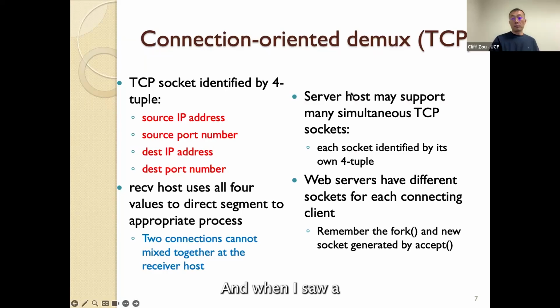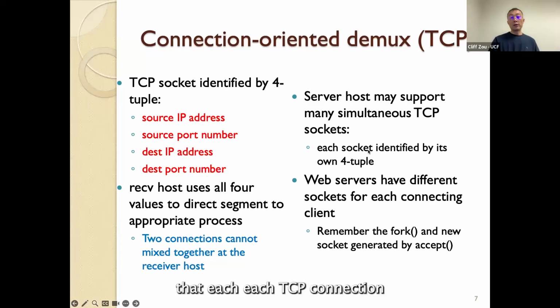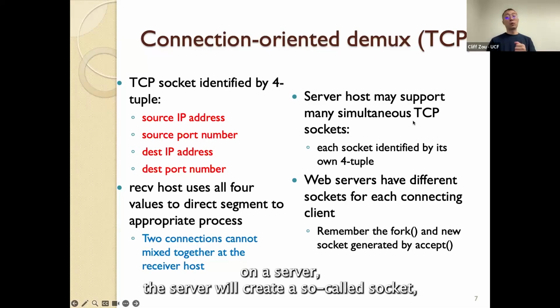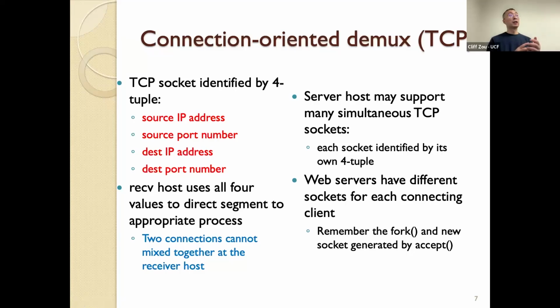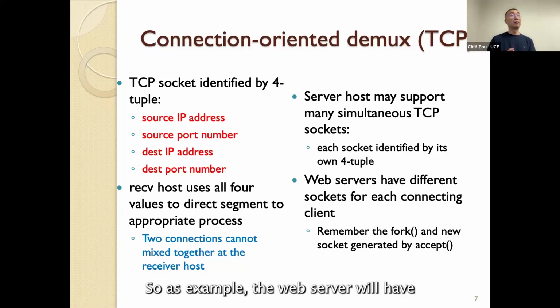And when a server host supports multiple simultaneous TCP connections, each TCP connection on the server will create a so-called socket, and it may create a child process. For example, we use a web server as an example.